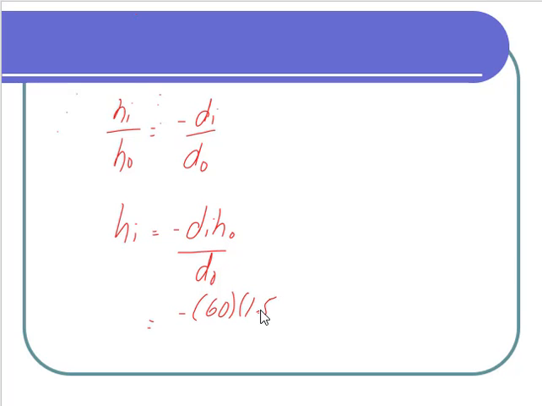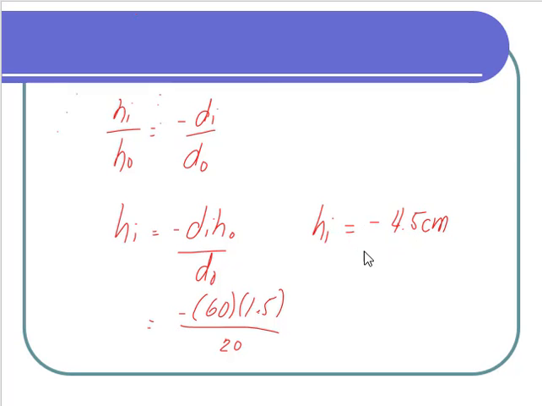So again, units are consistent, so no need to convert. Then the distance of the object is 20. Sixty times 1.5 divided by 20. Okay, our answer would be height of the image is equivalent to negative 4.5 centimeters.